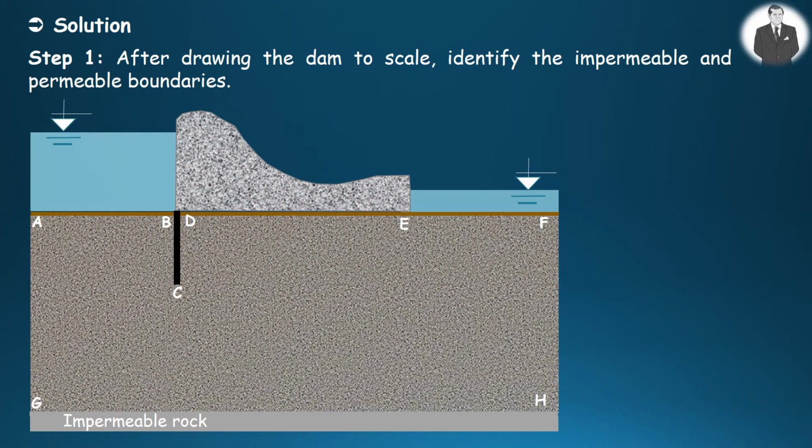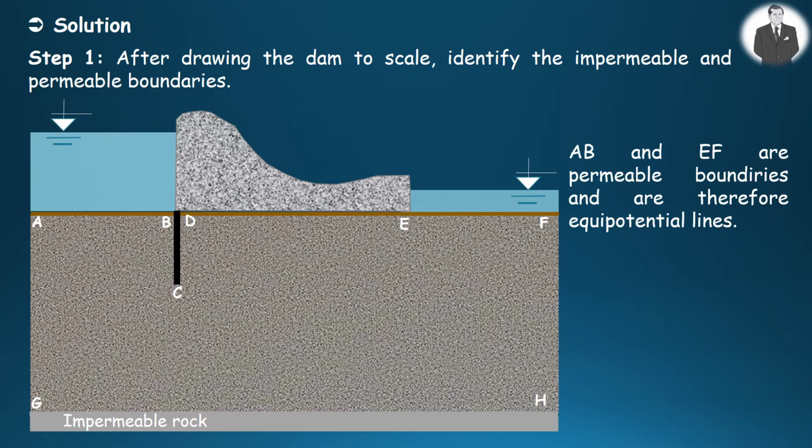In solving this problem, we first need to draw the dam to scale and identify the impermeable and permeable boundaries. In the figure, AB and EF are permeable boundaries because water can easily enter and exit these surfaces, so they are equipotential lines.